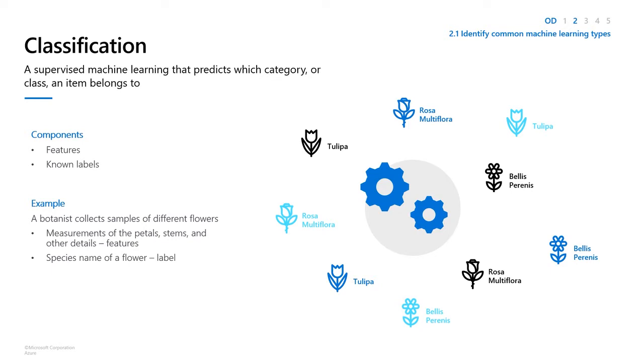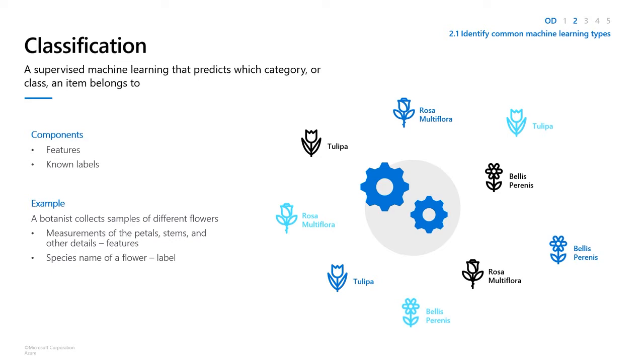All right. So suppose we are frolicking in the field, and our friend is a botanist, and we're helping them collect samples of different flowers. Now, each flower is going to have different features, things like petals, the stems, the number, the color, all of those different things.